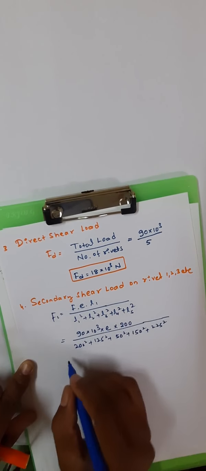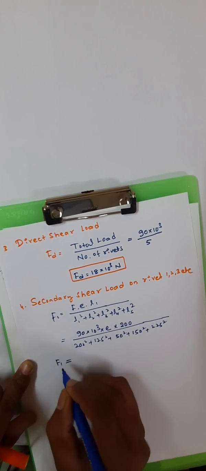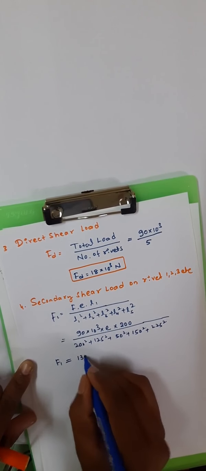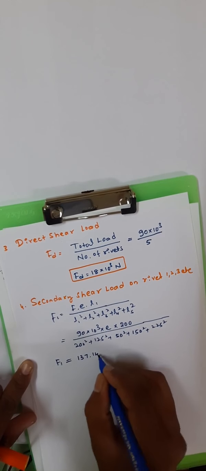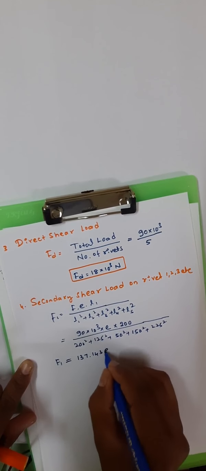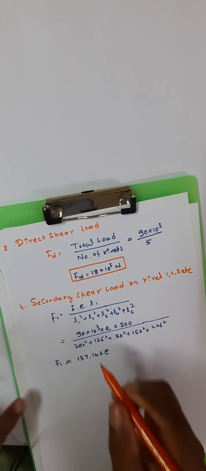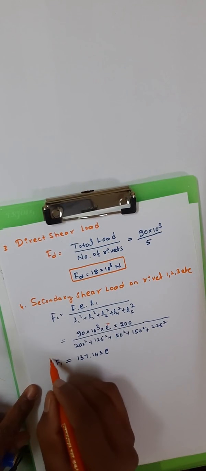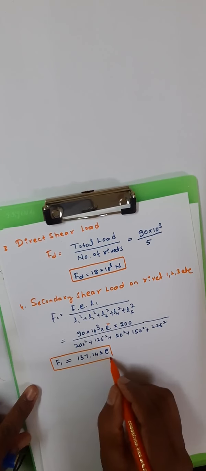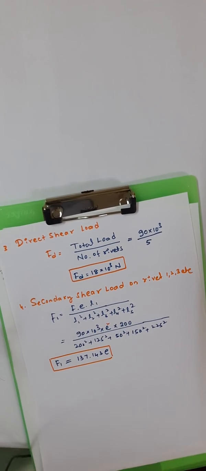If you simplify this, F1 we will get 137.143 E. We get it in terms of E only, because we don't know the value of E. In the same way we need to find the values for F2, F3, F4 and F5.